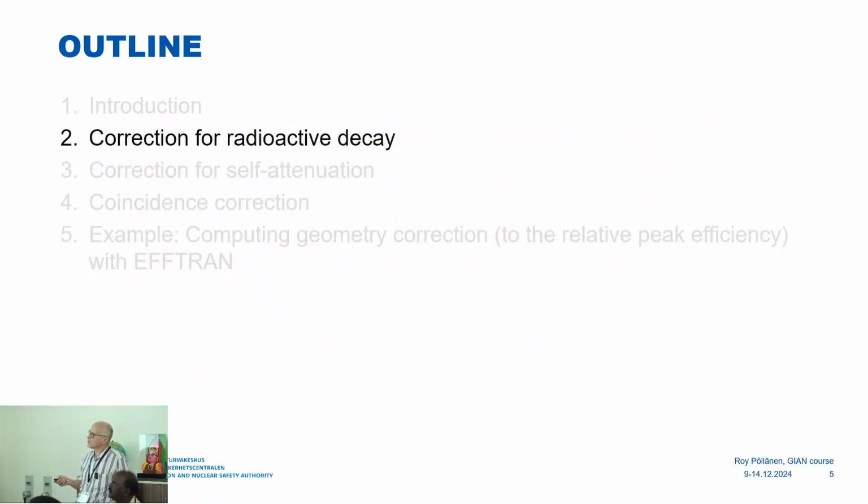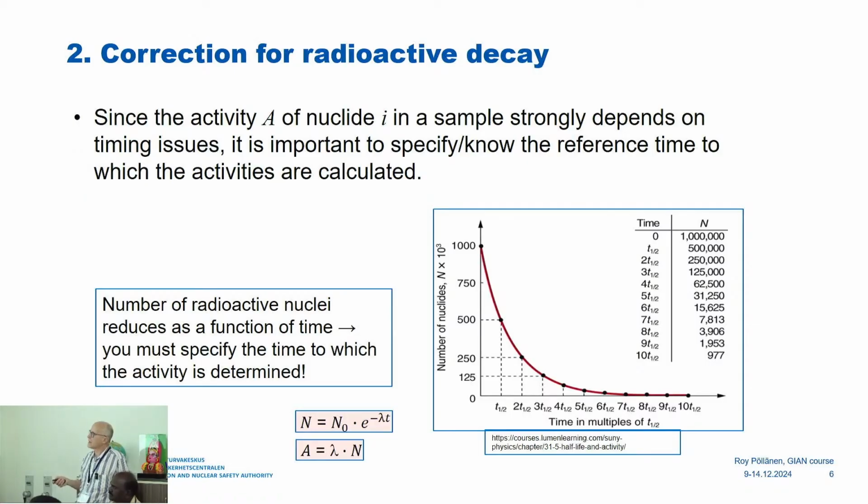Let's look at the correction for radioactive decay. You certainly know this picture. This is timing, and this is the number of nuclides in some sample.